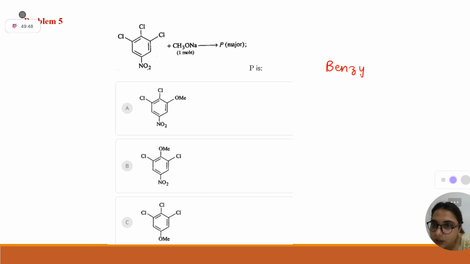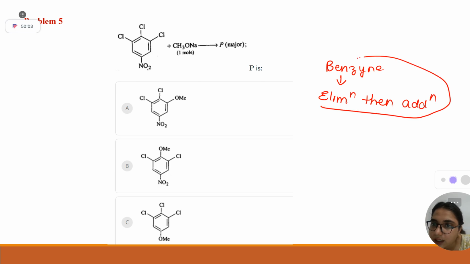Benzyne mechanism is just another name for elimination then addition. Later in the slides, I will tell you the exact mechanism for benzyne. So don't confuse them. They are equal.